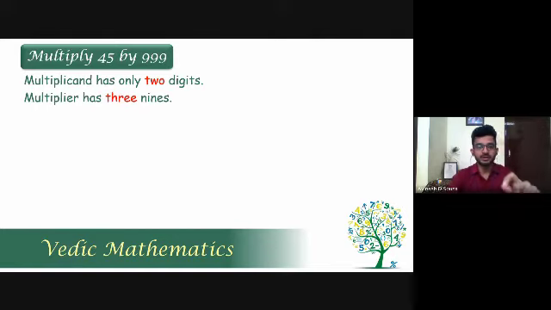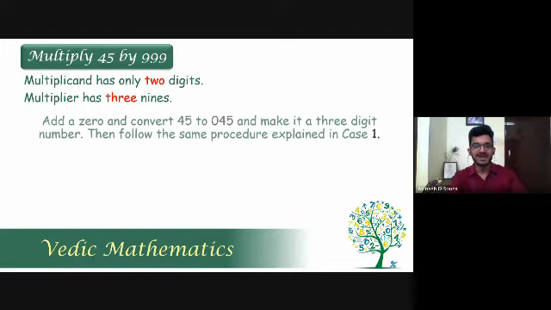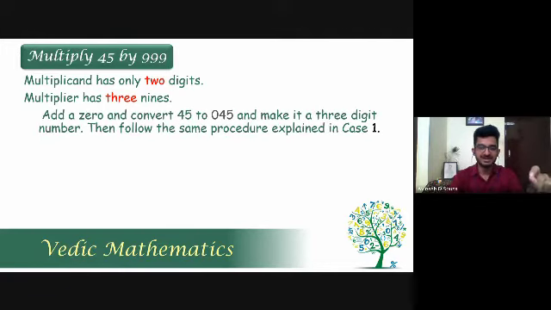What you have to do is convert the first number, the multiplicand, into a 3-digit number. By now, after attending 2 sessions, I'm sure you must be familiar with how to convert a single digit number into a 2-digit number, and a 2-digit number into a 3-digit number. How? You have to add a 0 before the number. This works only for the multiplicand.